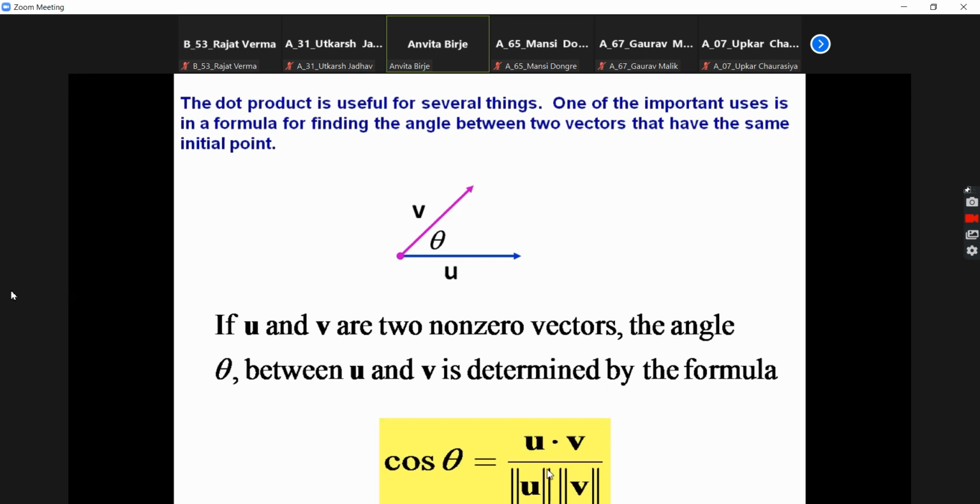So remember this formula: cos theta is the dot product of U and V divided by the multiplication of their individual magnitudes, that is, the magnitude of U bar multiplied by the magnitude of V bar. So this is the application of the dot product, that is, calculation of the angle between the two vectors.